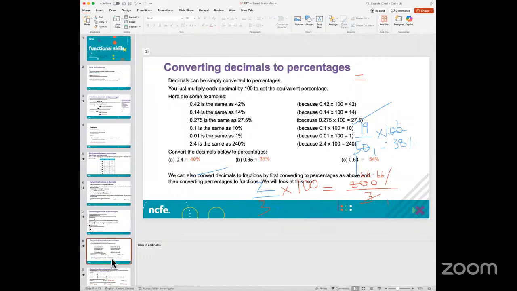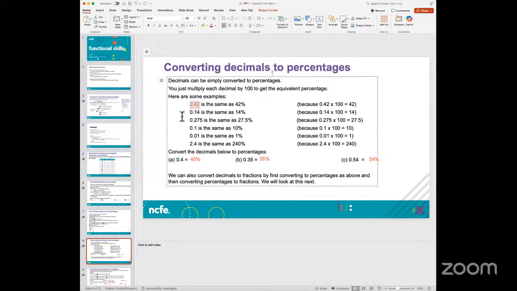And the third type of question that you're going to get is going to be related to how you convert decimals to percentages. So if you have a number which is a decimal, like 0.42, what is it in percentages? This is something that you need to remember.